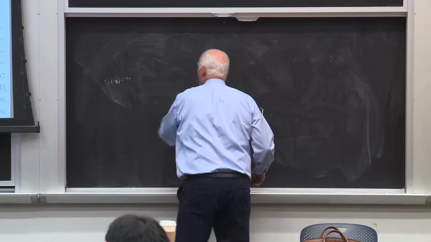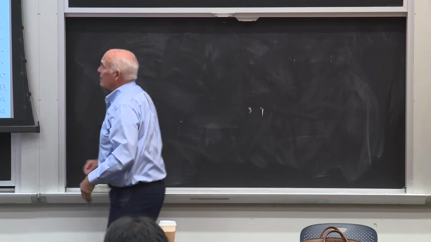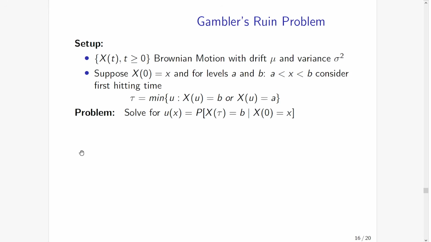And we want to consider the stopping time being hitting A or B, and ask what's the probability that we hit B first.